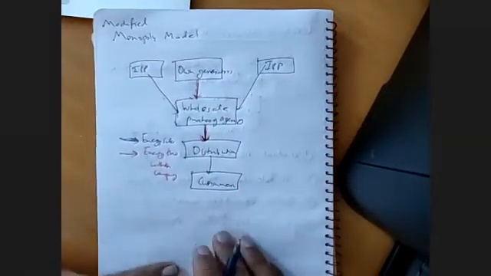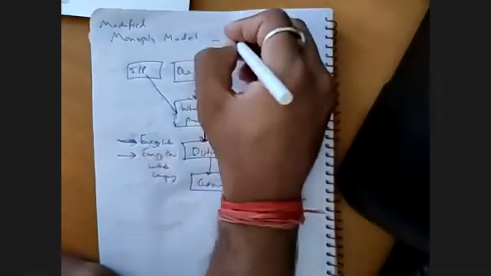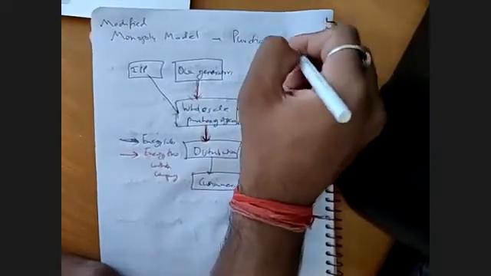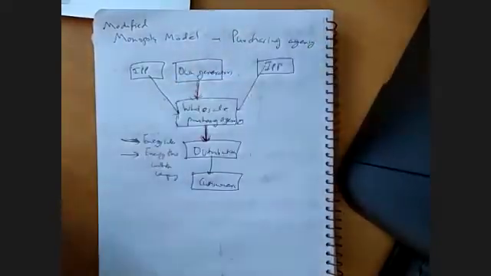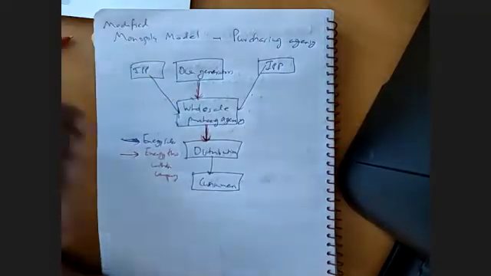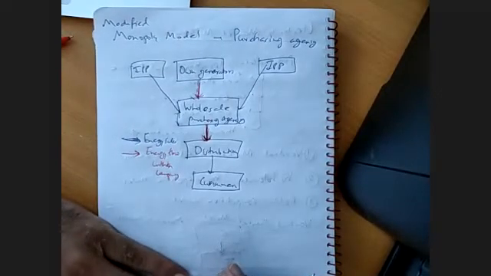So this is a modified monopoly model in which we have purchasing agencies. This is the first step towards the introduction of competition in the electricity supply industry.